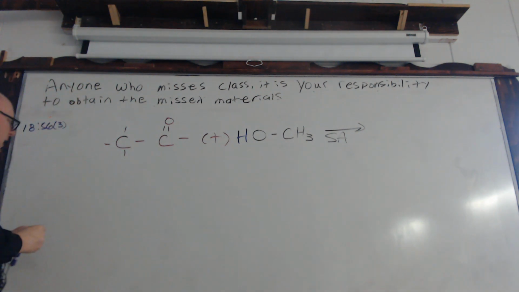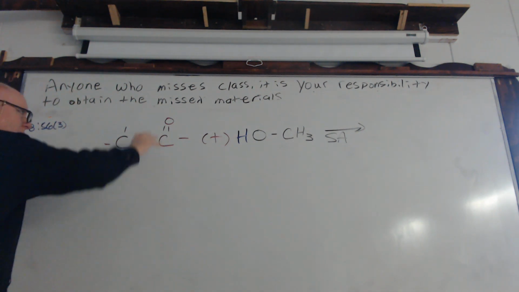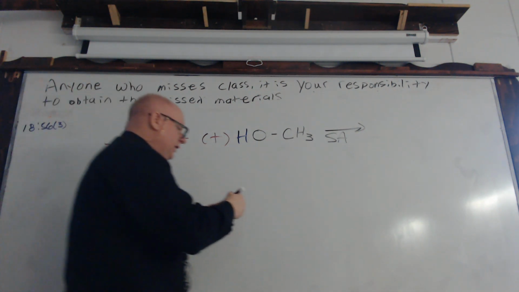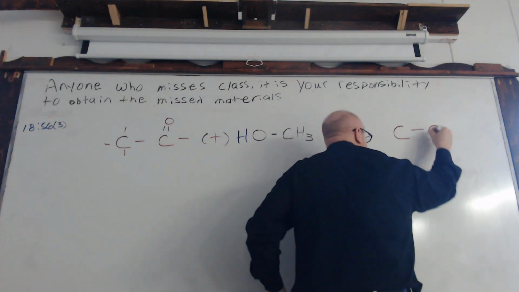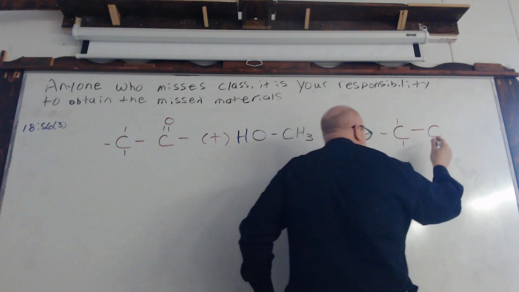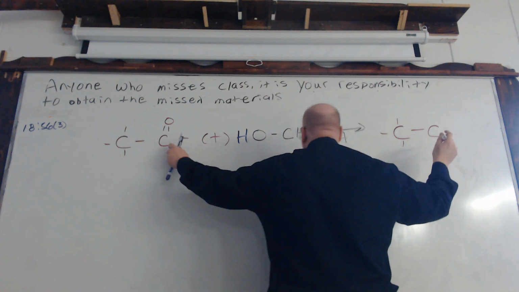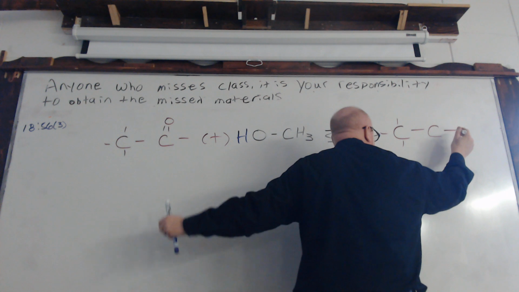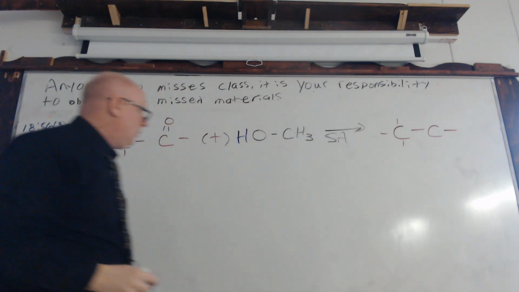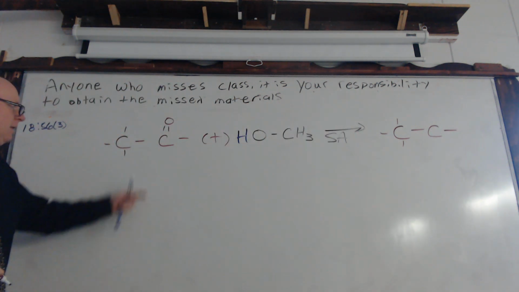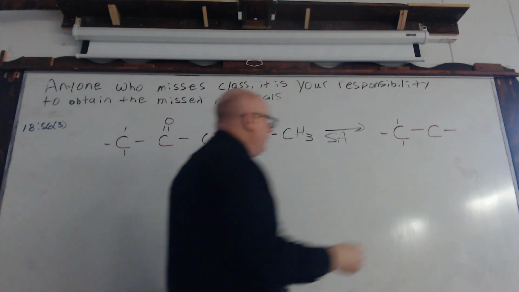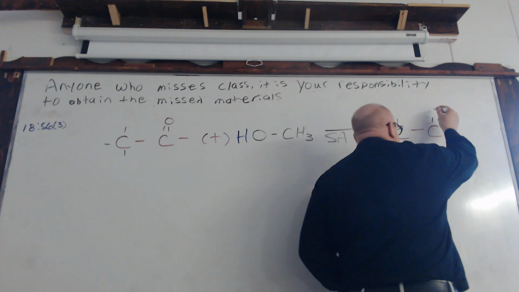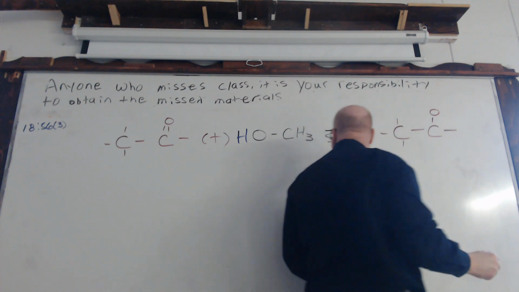So what we see happening then is this will proceed to this side, okay? So here are our two carbons. And then, remember, there's nothing down there. We've got that hydrogen. So what's going to happen is that double bond is going to break. So we're going to put that oxygen up here, okay?